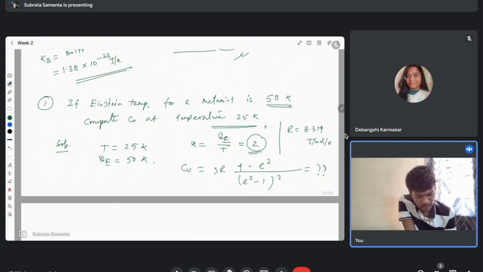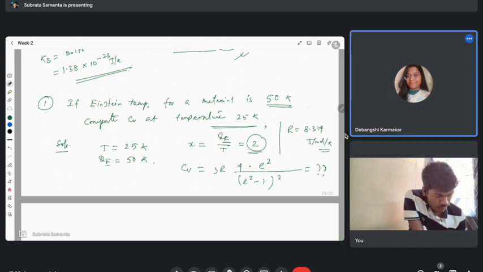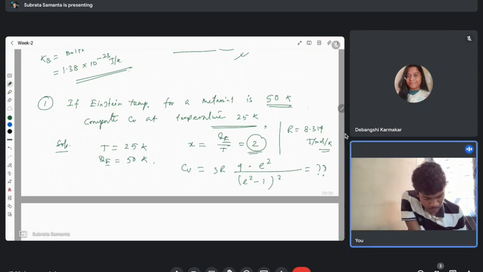So what is the value of the specific heat here? If you calculate this, roughly 18.05. What is the unit?